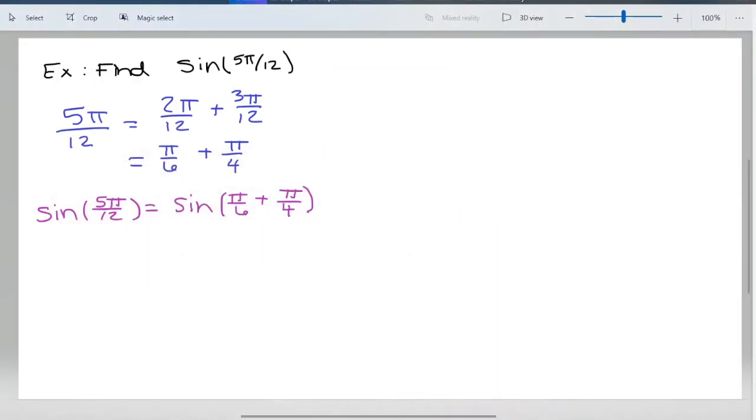So this is going to be sine of pi over 6 times cosine of pi over 4, plus cosine of pi over 6 times sine of pi over 4.